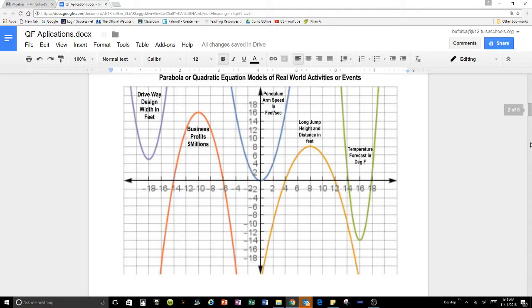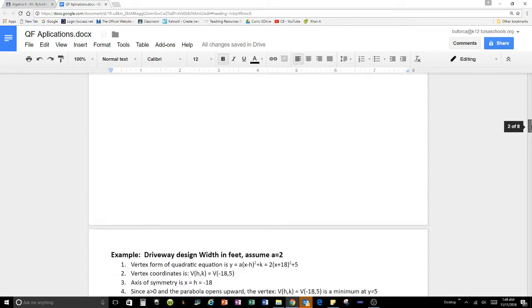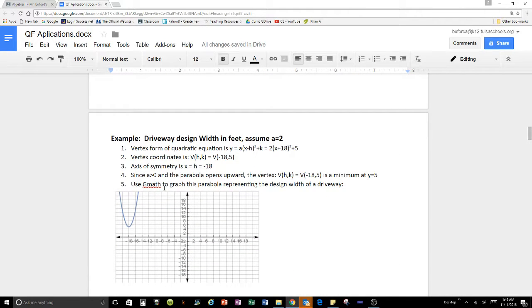Okay? And now finally, since we have this formula, the vertex form of the quadratic equation, we want to take this quadratic equation in the vertex form and graph it. So what we do is we use GMath, and we put this equation in there, and then we're able to graph it.